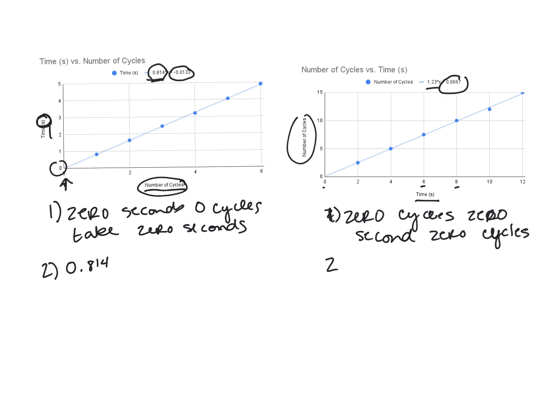So this would be 0.814 seconds per cycle. And then for the other graph, where I had time as my independent variable, my slope is right here. It's 1.23. This unit would be cycles per second.